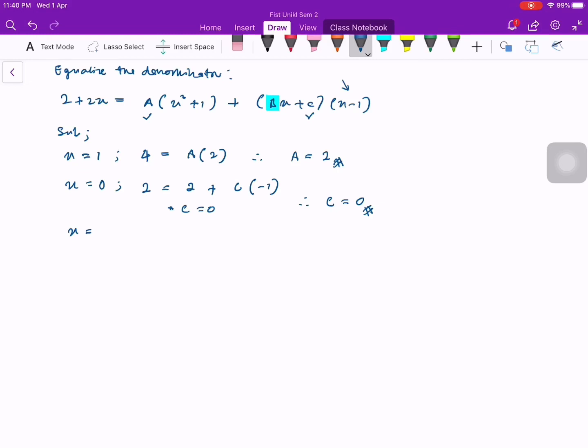Tapi kali ni saya akan pilih value x yang paling simple lah. So untuk memudahkan pengiraan saya, saya akan pilih x is equals to minus 1. So minus 1, saya gantikan minus 1 dalam function ni.